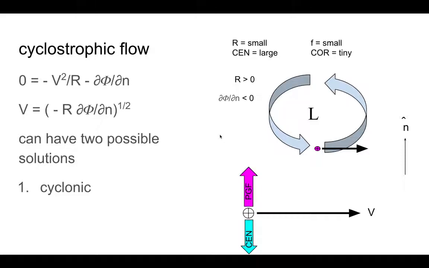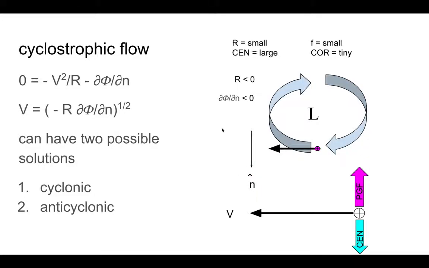However, we can also have an anticyclonic turning in this situation. So this clockwise turning would give us a negative R. With this minus sign, we would need dphi/dn to be positive, and that's the case here.